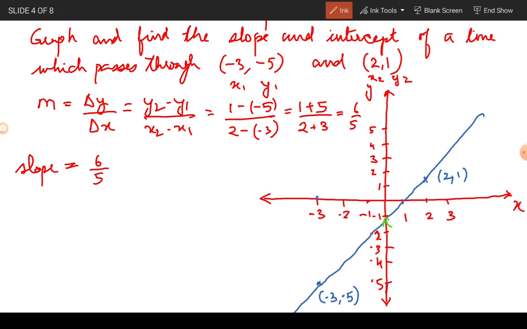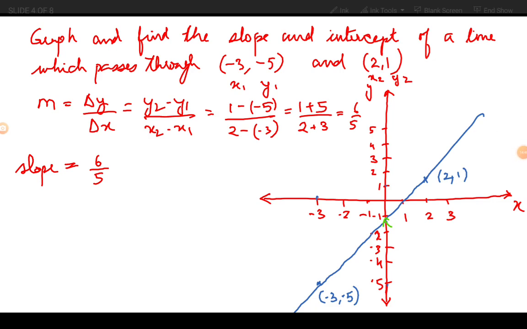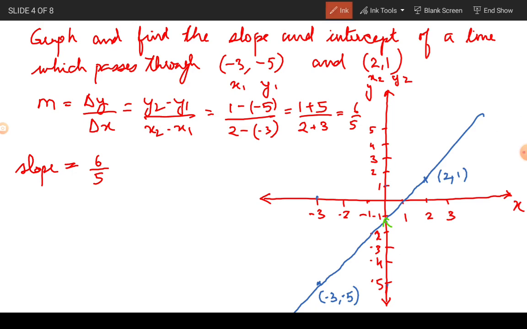So if you have found slope in this manner, you can find out the equation that represents this line that we have plotted in its point-slope form.